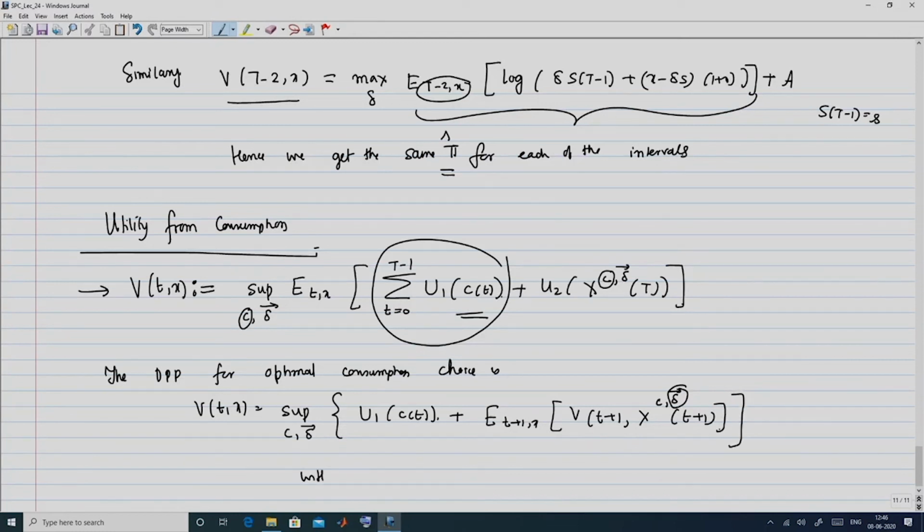And here of course, with the final condition that V of T x is going to be nothing but U2 of x.